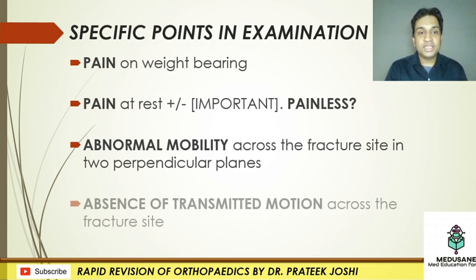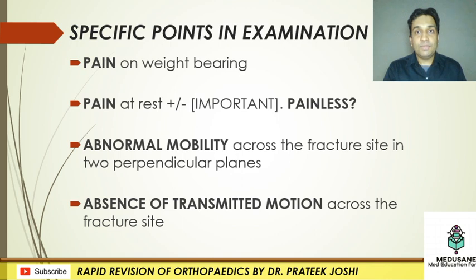Therefore, we need another test, and that is called transmitted motion across the fracture site, which means if you were to stabilize the joint above and try to rotate the proximal fracture fragment, then in case of a normal or a non-broken bone, the entire limb should move, which means that the movement in the proximal part of the bone should be transmitted to the distal part of the bone, whereas in case of a non-union, this will be absent. So absence of transmitted motion across the fracture site is a specific sign of non-union.